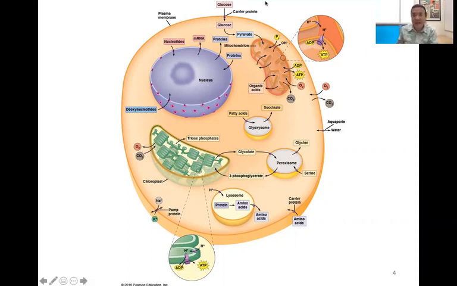If you look at this cell here, this is just an example of many different membranes. For the outer membrane of the cell, we will look at how certain proteins help carry things like glucose from the outside of the cell into the cell, or help facilitate the flow of water from the outside to the inside of the cell.